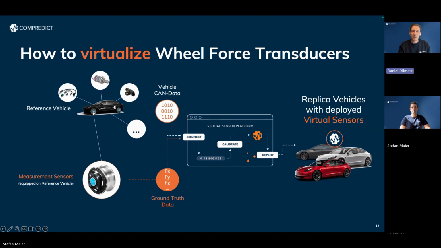And when these data streams from these other vehicles, like durability testers, like long runners or any kind of other vehicles, are uploaded to our virtual sensor platform, we can then evaluate the wheel force transducer results of these vehicles just utilizing the CAN bus signals, even though these vehicles have never been equipped with wheel force transducers before.